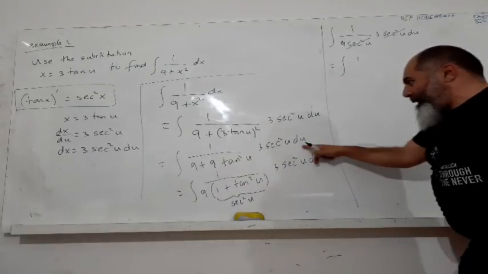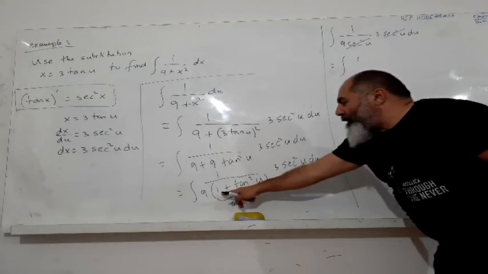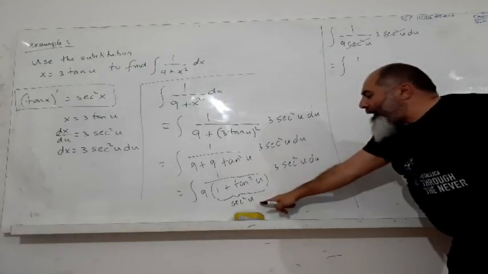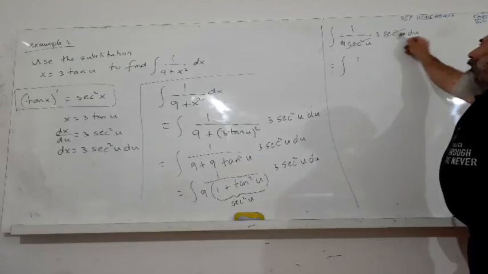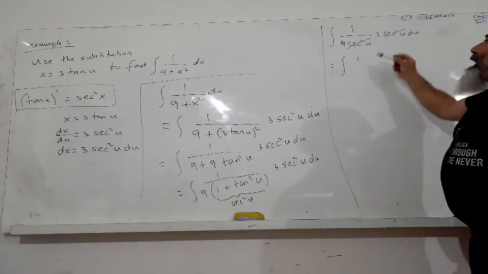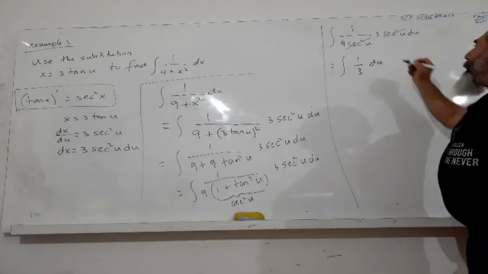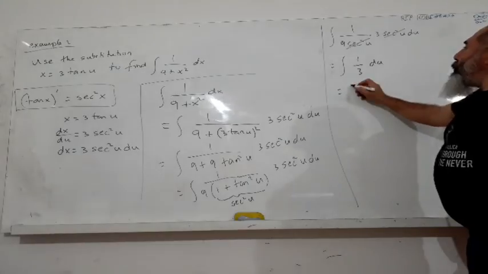And we know that 1 plus tangent squared u is equal to sec squared u. So I carry on with 9 sec squared u. Sec squared u's cancel each other. We have 3 over 9 there, which is 1 over 3 du, which makes 1 over 3 u plus c.